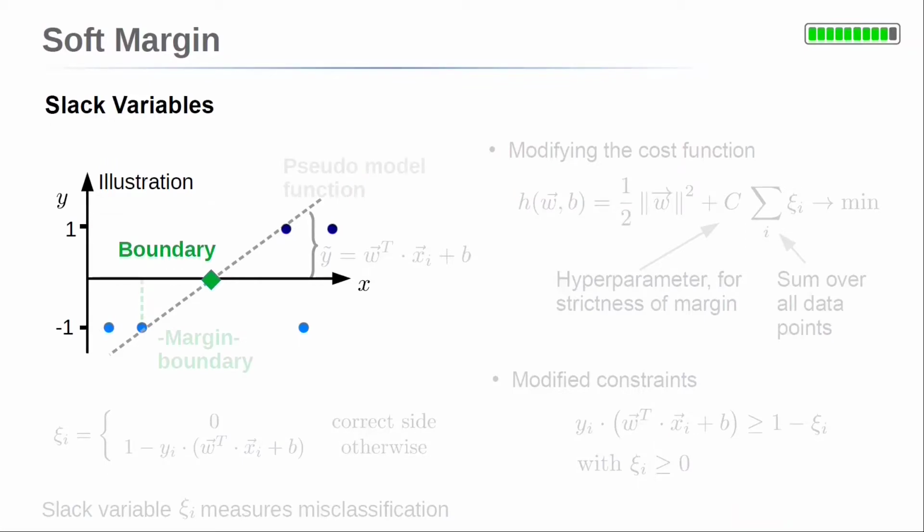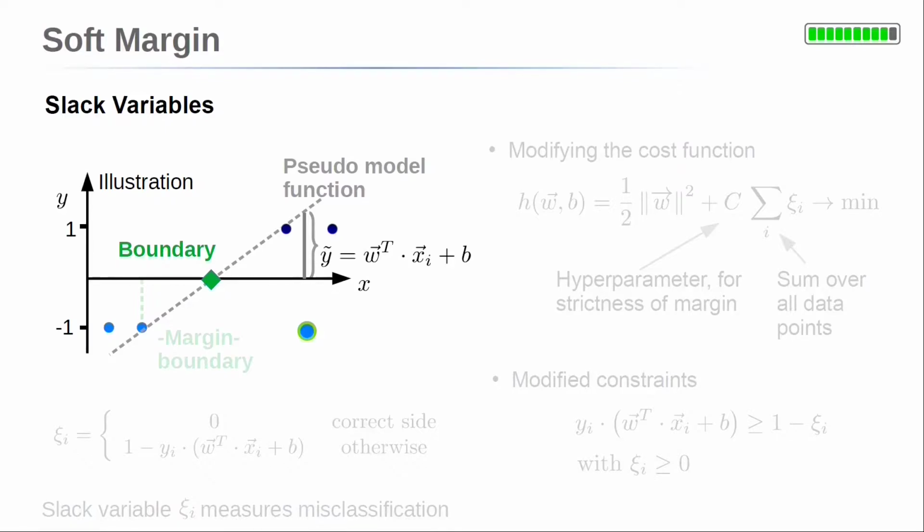Now, let's consider a simple one-dimensional example where a single light blue data point is among the dark blue data points. Our pseudo-model function y tilde has a certain value at the location of this data point. This value measures the misclassification with respect to the separating boundary.